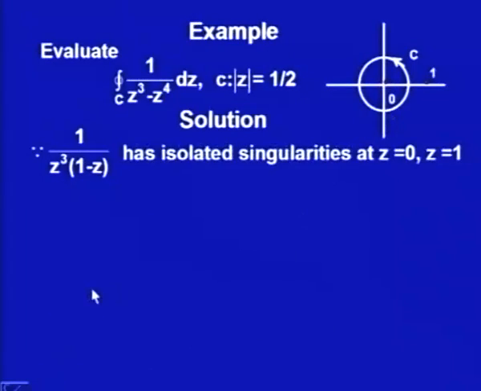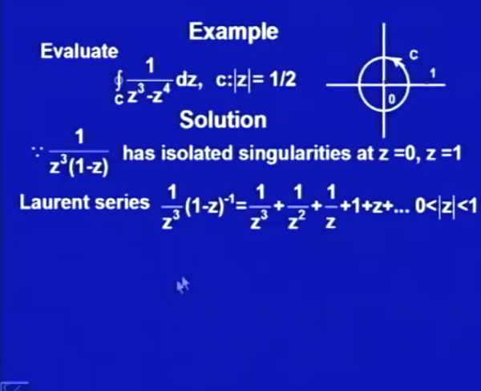So let us use this Laurent series: 1 upon z cube into 1 minus z to the power minus 1. We know by the Maclaurin expansion that 1 minus z to the power minus 1 is 1 plus z plus z square plus z cube and so on.